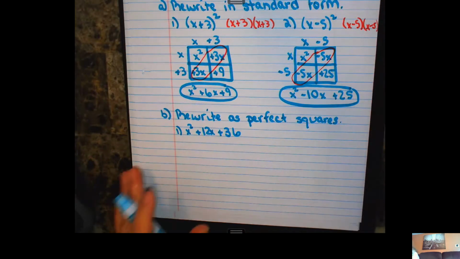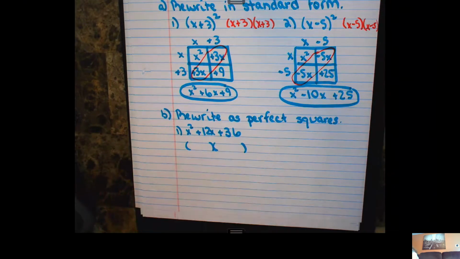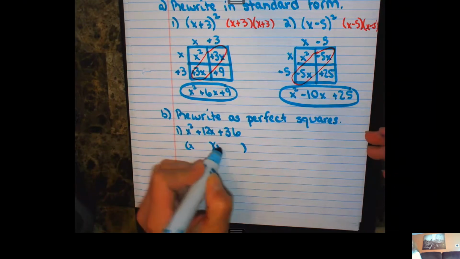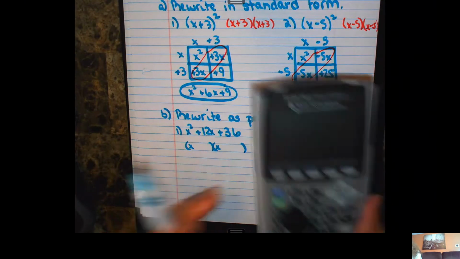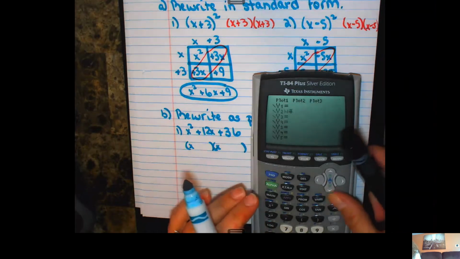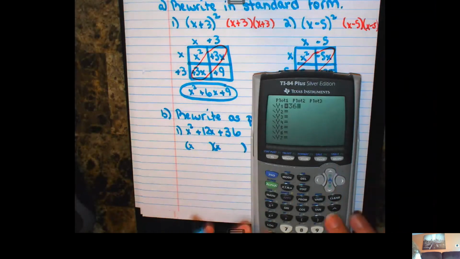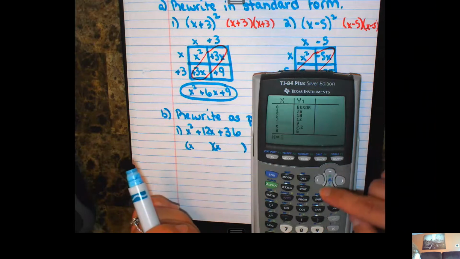Normally, what we would do is 2 sets of parentheses. We're going to do this the long way. X and x go in the front. Then we would find factors of 36 that add up to 12. So I'm going to take my calculator, get rid of all my old junk, and do 36 divided by x. Go to my table, start with 1.